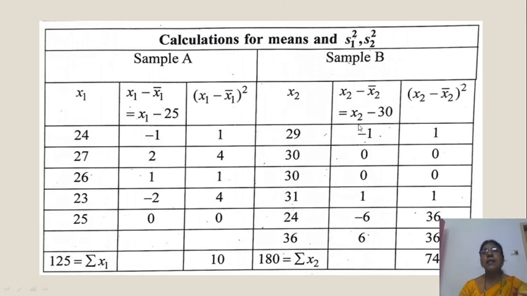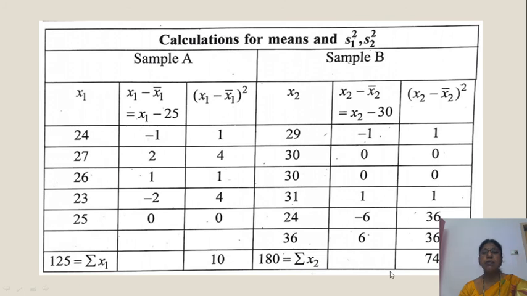Now write x2 minus 30. You get 29 minus 30 is minus 1, 30 minus 30 is 0, 30 minus 30 is 0, 31 minus 30 is 1, 24 minus 30 is minus 6, 36 minus 30 is 6. Now (x2 minus x2 bar) whole squared: minus 1 square is 1, and similarly we get the other values, minus 6 whole square is 36.